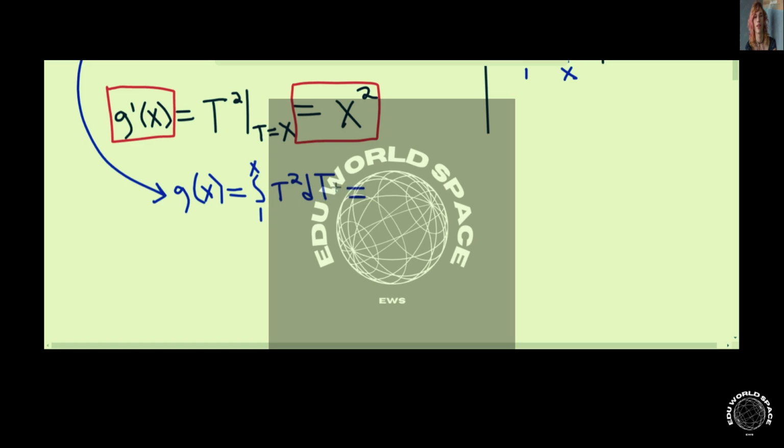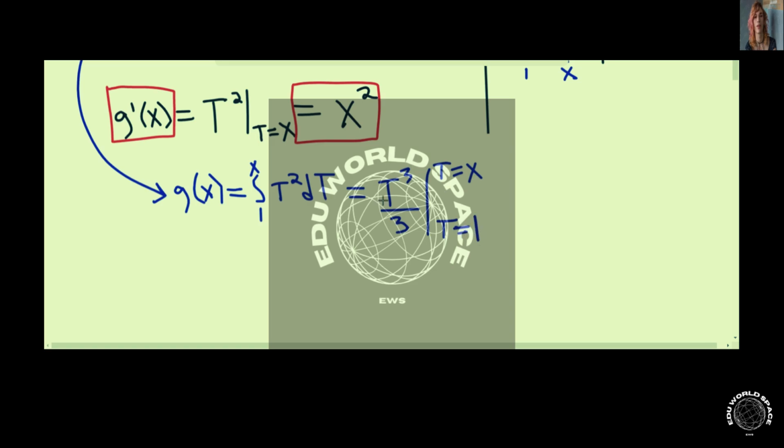Well, the integral of t squared is t to the third over 3. And since this is a definite integral, we have to evaluate the t cubed over 3 between t equals x and t equals 1.